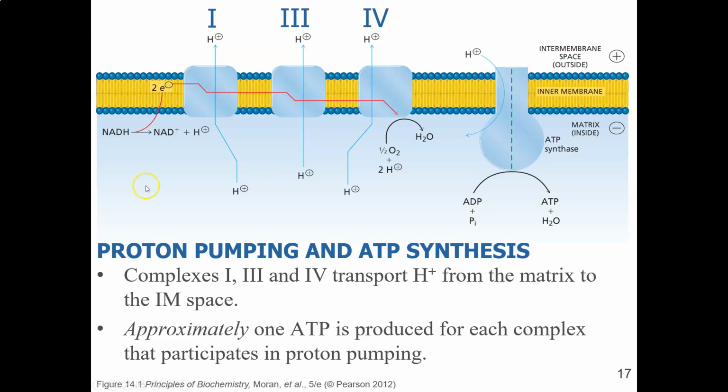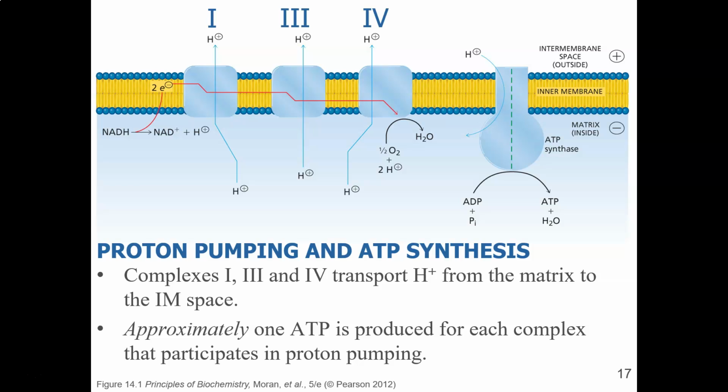So again, this diagram doesn't show the number of protons, but complexes 1, 3, and 4 pump 4, 4, and 2 protons, respectively. So this shows the NADH donating its electrons and protons, and we're going down the electron transport chain eventually to oxygen to form water. So the pumping occurs. So again, 1 NADH is responsible for 10 protons being pumped from the matrix to the inner membrane space. Those protons will come across this F sub 0 channel right here and stimulate the ATP synthase to couple ADP and phosphate to form ATP.